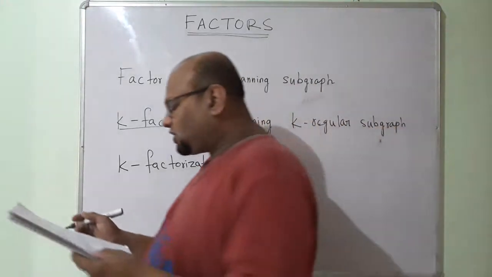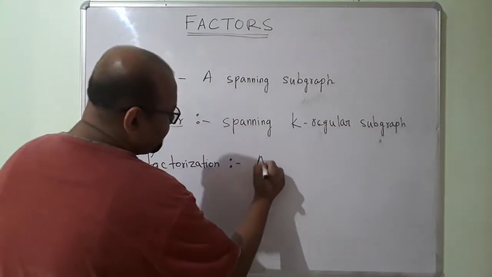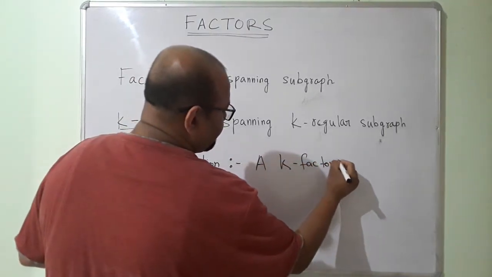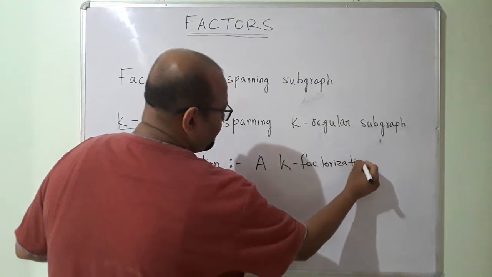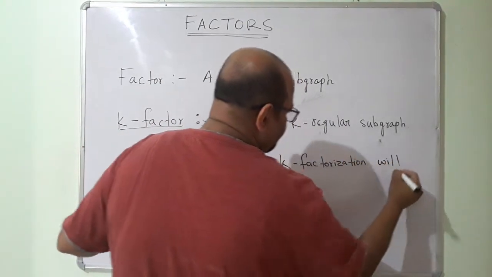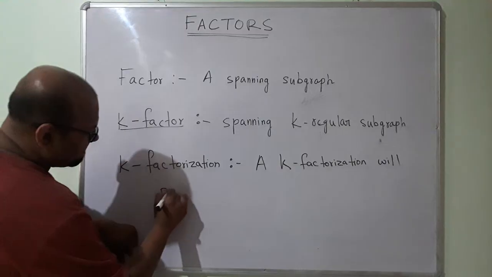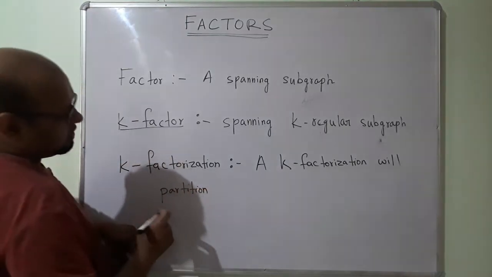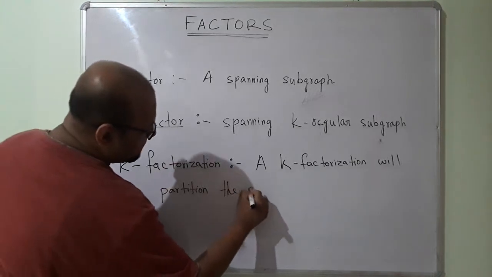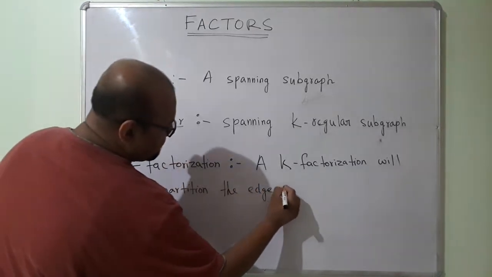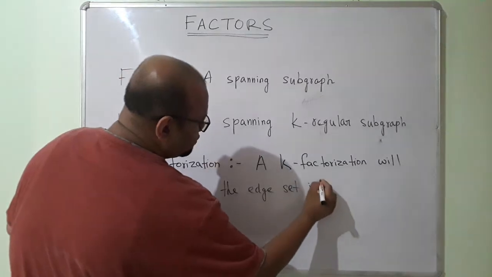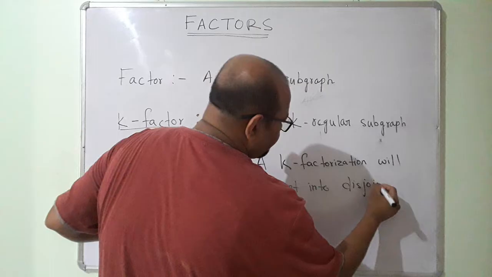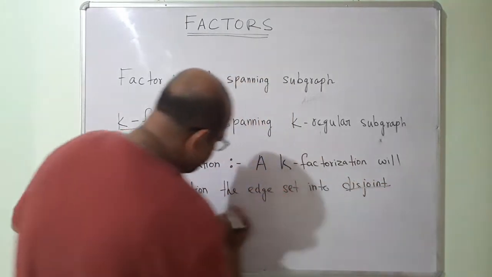A k factorization will partition the edge set into disjoint k factors.